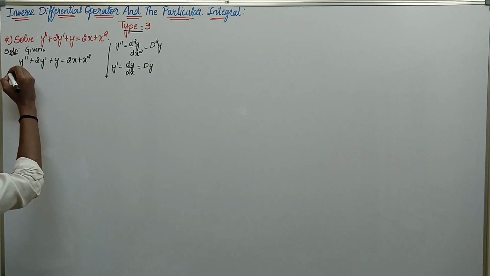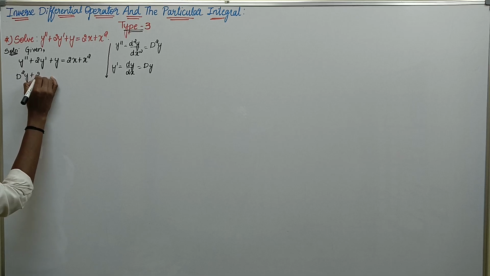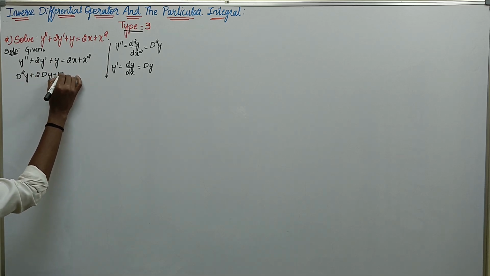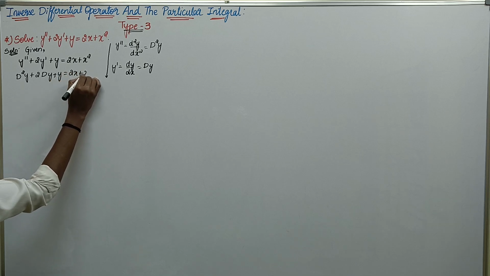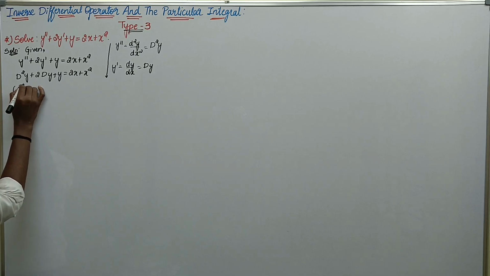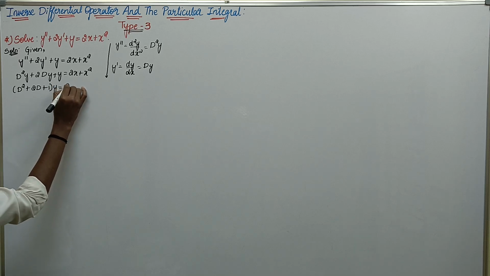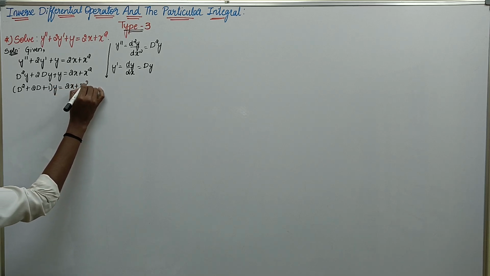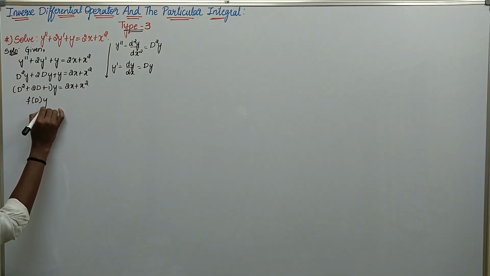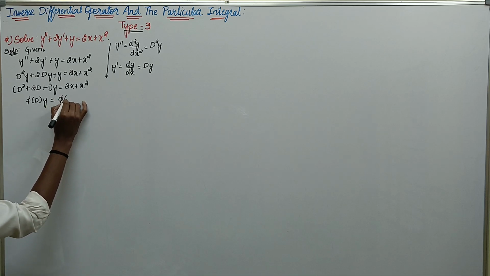Then D square y plus 2 Dy plus y equal to 2x plus x square. Taking y as common, D square plus 2D plus 1 into y equal to 2x plus x square. Now this is of the form f of D into y equal to phi of x.